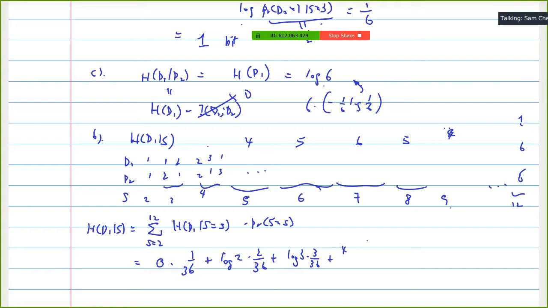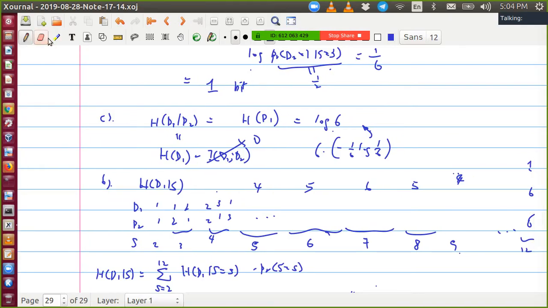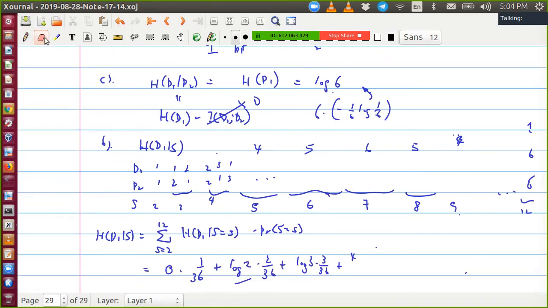Yeah, that's completely certain. And for S equal to 3, you have two cases, therefore the entropy is log 2. S equal to 4, that's 3 cases, log 3. S equal to 5 would be log 4 times 4 over 36.